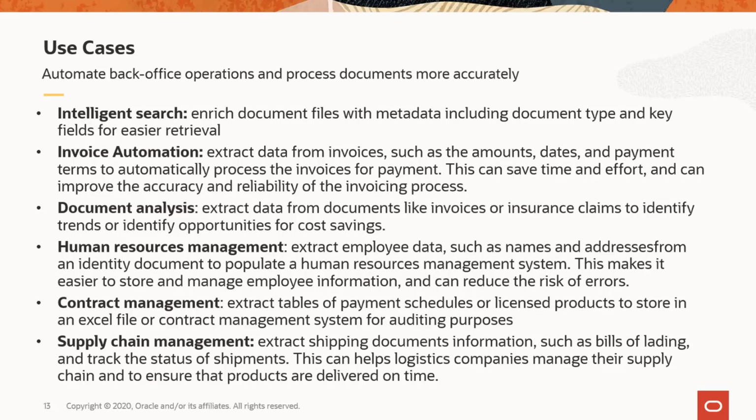That is done very manually today, maybe for audit purposes or just for retention purposes. And there's also a lot of supply chain use cases too with documents that include bills of lading or other types of shipping labels where you want to extract that information to track and manage any type of logistics tasks that are happening.